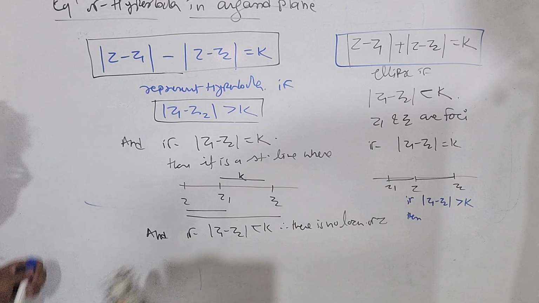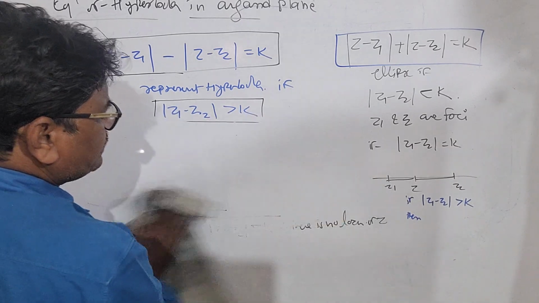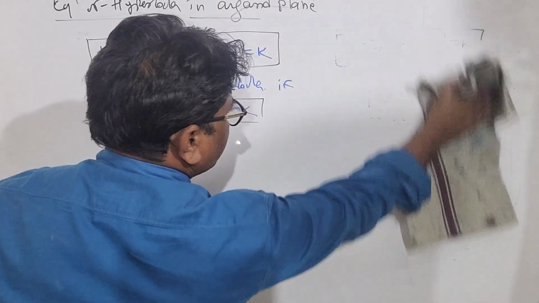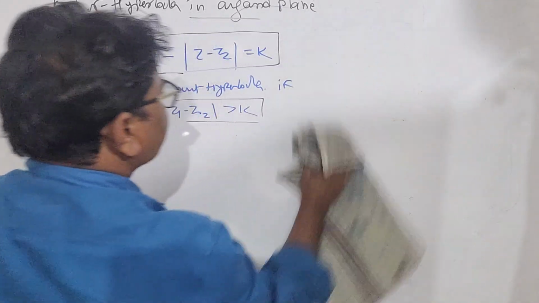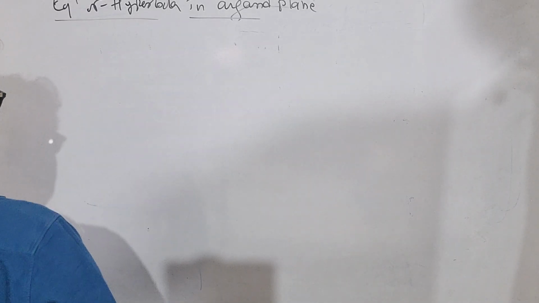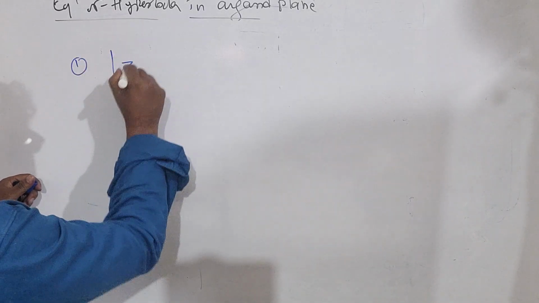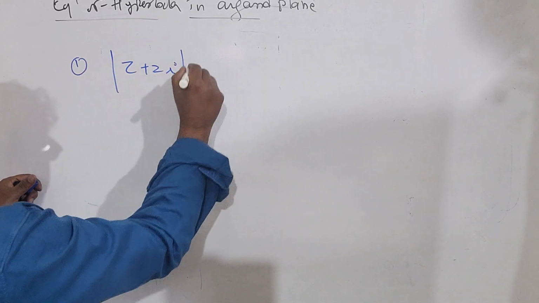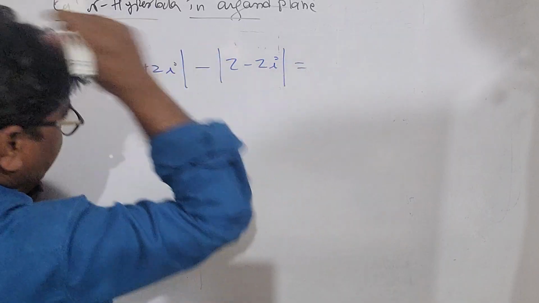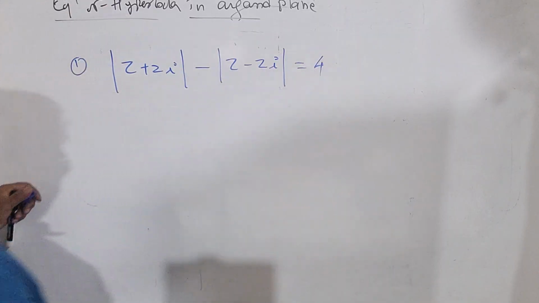Now the question is that if the equation of hyperbola is given in complex plane, then how to convert it into the rectangular form? See, first one is modulus of z plus 2 iota minus modulus of z minus 2 iota equal to 4.